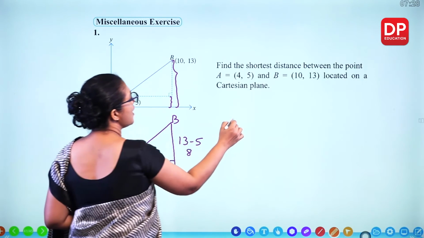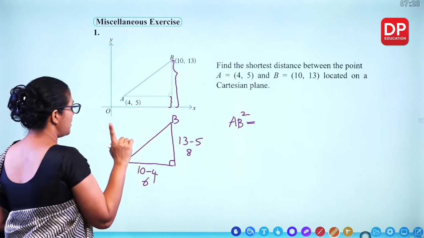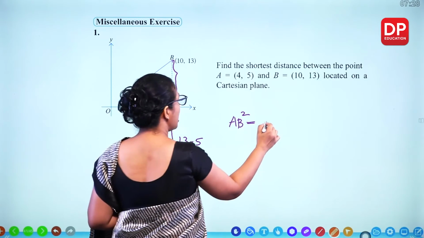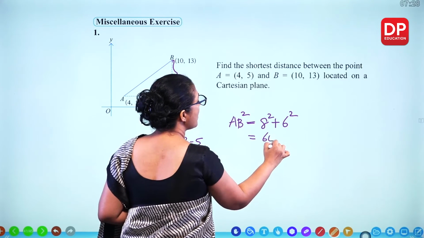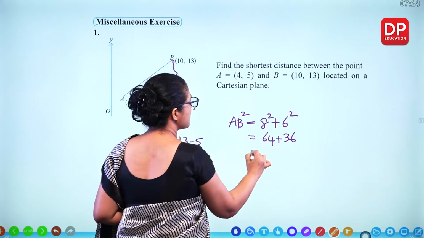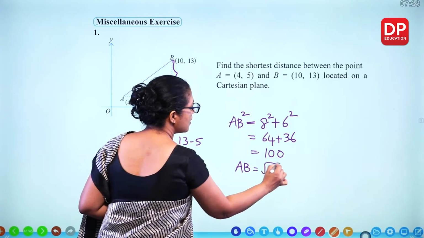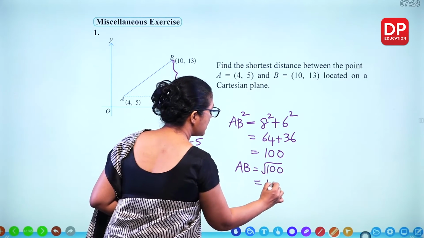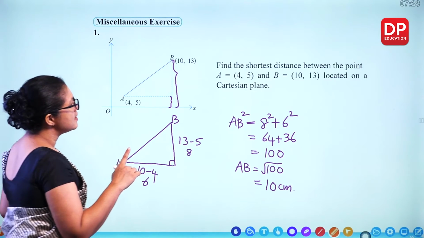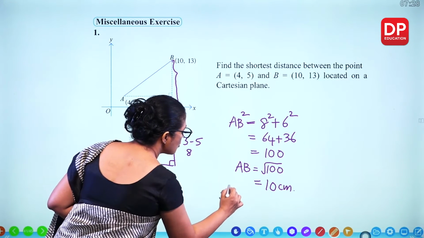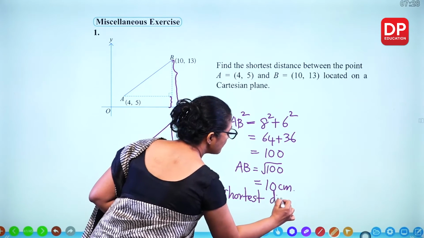So we can find AB squared is equal to, using Pythagoras, 8 squared plus 6 squared, 64 plus 36, that's 100, square root of 100. You get 10 centimeters for the shortest distance. So this is the shortest distance.